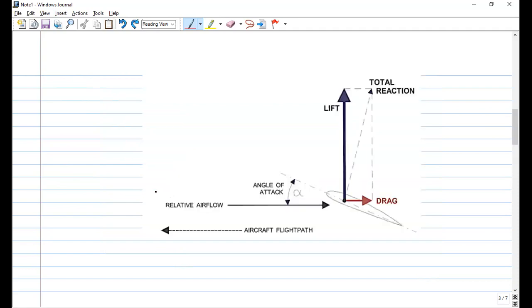Okay, next we're going to discuss the difference between angle of attack and angle of incidence. Basically, angle of attack is just the angle formed by the chord line ng ating airfoil and the relative airflow.